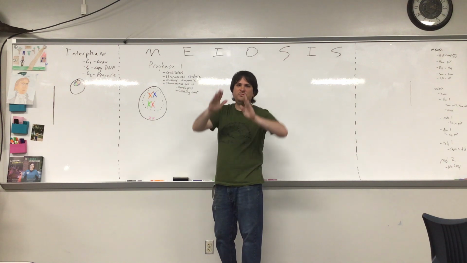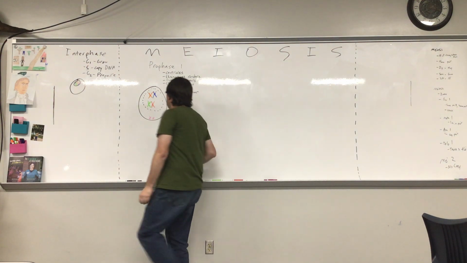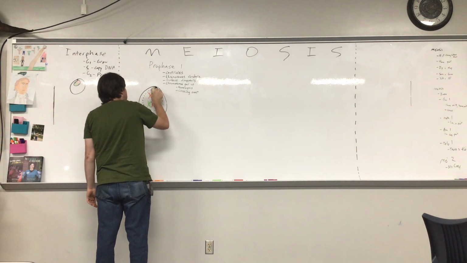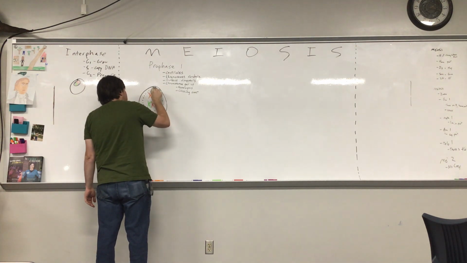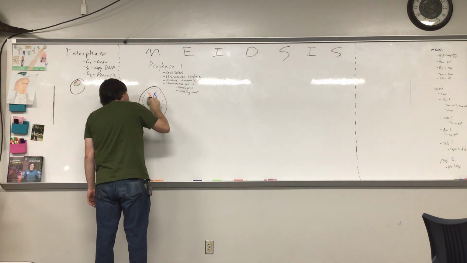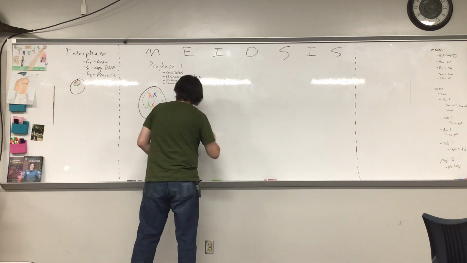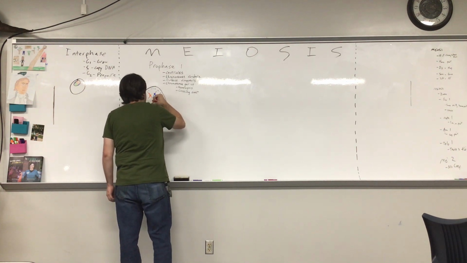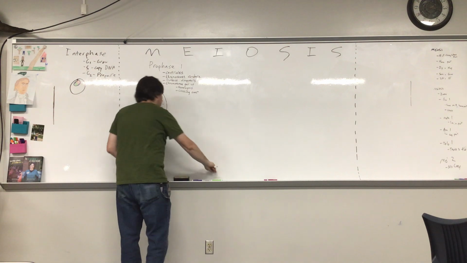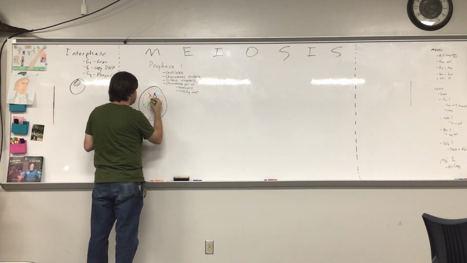Since they're homologous and you find these same parts in that same area, they can swap information. They can do this hundreds of times. But to make it easier on us, we're going to make it happen only once.